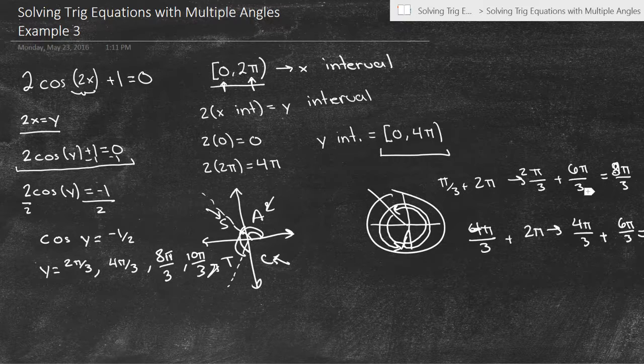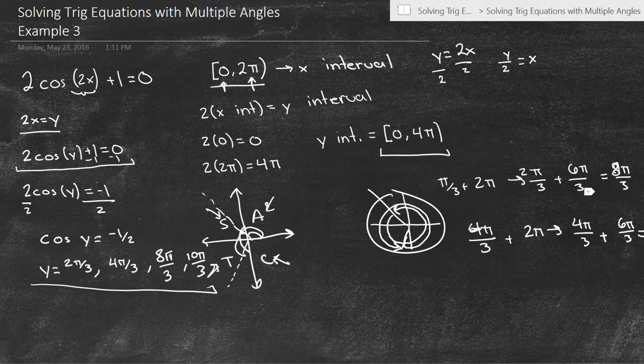Then remember, here we have our values of y, and our answers need to be in terms of x. So now is the final step. We know that y equals all those things, and then y also equals 2x. And now we're solving for x, so we can divide by 2. So y over 2 is equal to x.